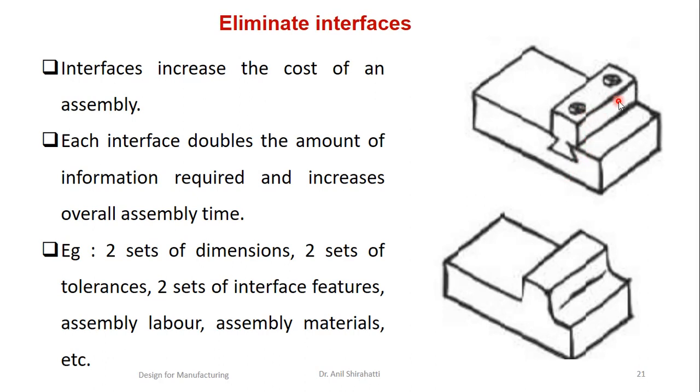Again, when you are screwing, chances are it may become loose, and it may lose its functionality. So an interference fit like this should be avoided. I can go for a design like this. In a single part, either I can machine it or I can directly forge it, depending upon my requirement.